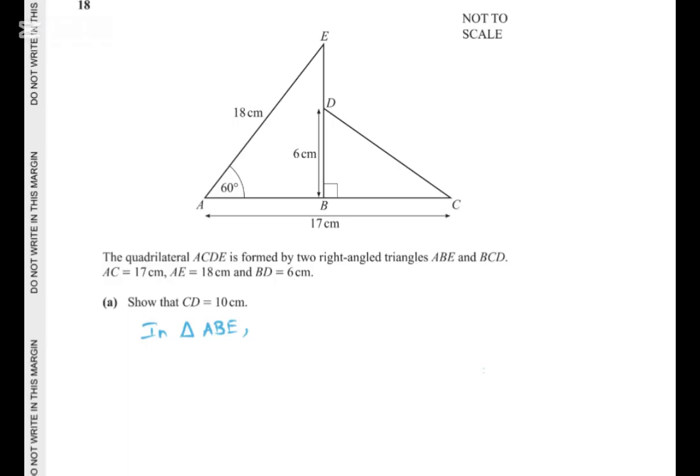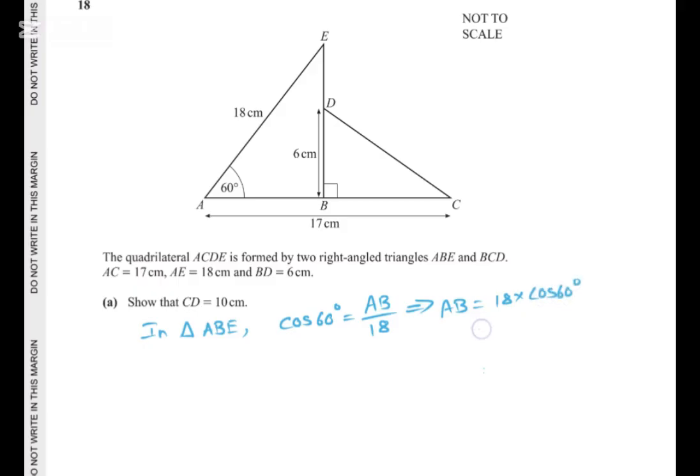Using cos 60 is equal to AB by 18, we are finding AB, so we use cos. Therefore AB is equal to 18 into cos 60.